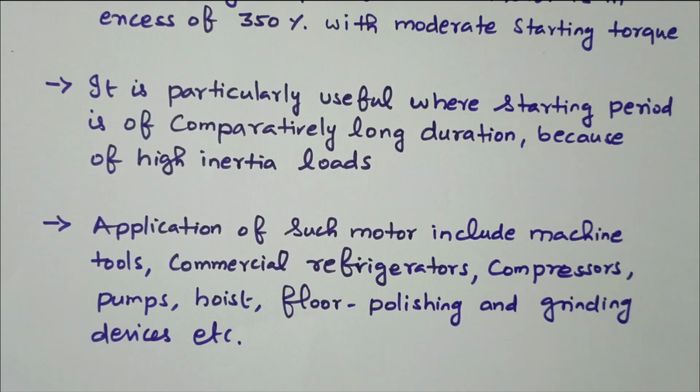So in this video we discussed the repulsion start induction motor. At the beginning it acts as a repulsion motor. After getting 75% of speed it acts as an induction motor.